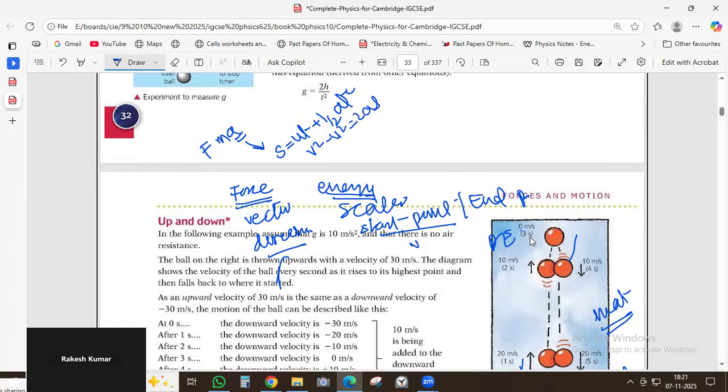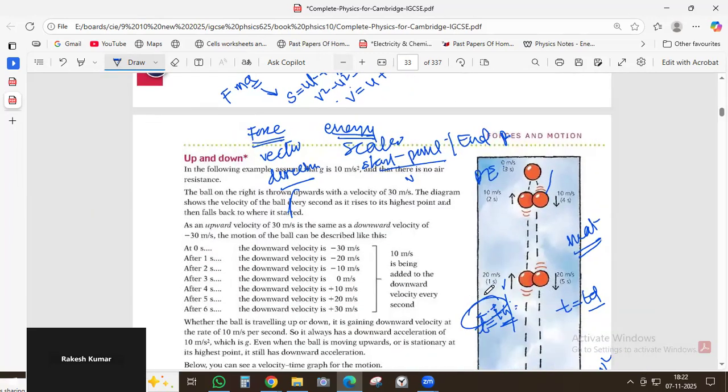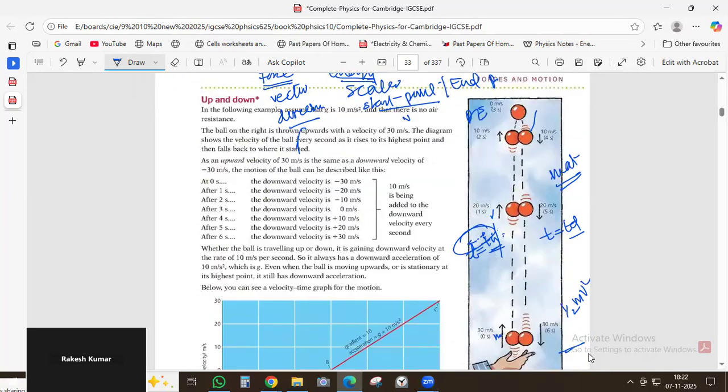Acceleration is the rate of change of velocity. So v square minus u square is equal to 2as, and v is equal to u plus at. Now, I just now told you that the velocity is the same. So when I threw the ball here, v was up, and it was, let's say, 30 meters per second.